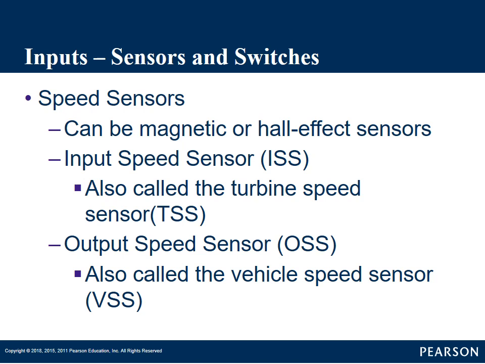Okay. Our output speed sensor, also called the vehicle speed sensor, monitors the output shaft of the transmission. This is the speed of the transmission.